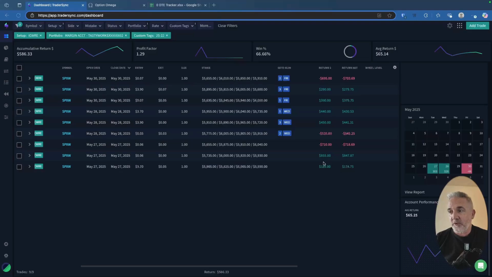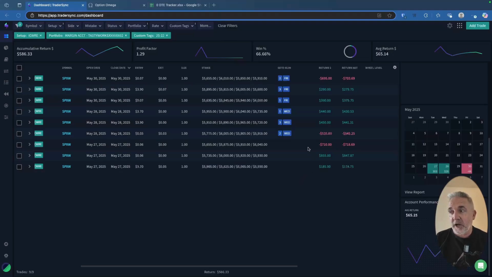And then these bigger profits, like right here where I got $855, that's where the position was able to make it through to the end of the day and expire worthless, in which case I was able to keep all of my profit. And then when I do have losses like the $710 loss here, that's where I never got into any profit position, where my trailing stop was never moved up.